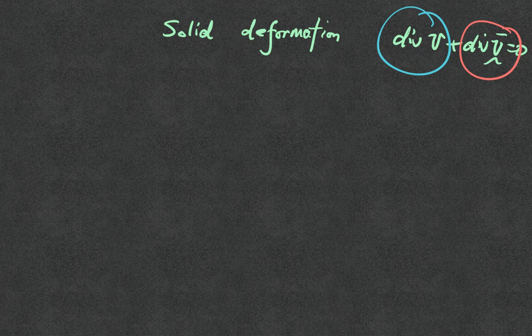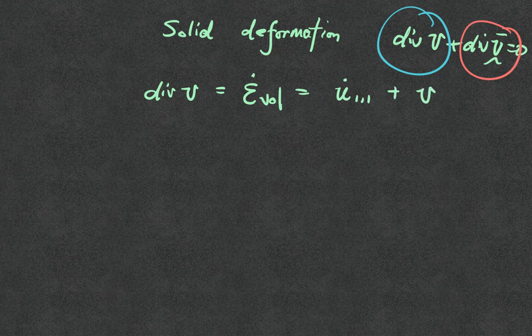As we explained before, the divergence of the velocity equals the rate of change of the volumetric strain, which equals the diagonal terms of the displacement gradient in the 1,1, 2,2, and 3,3 directions.